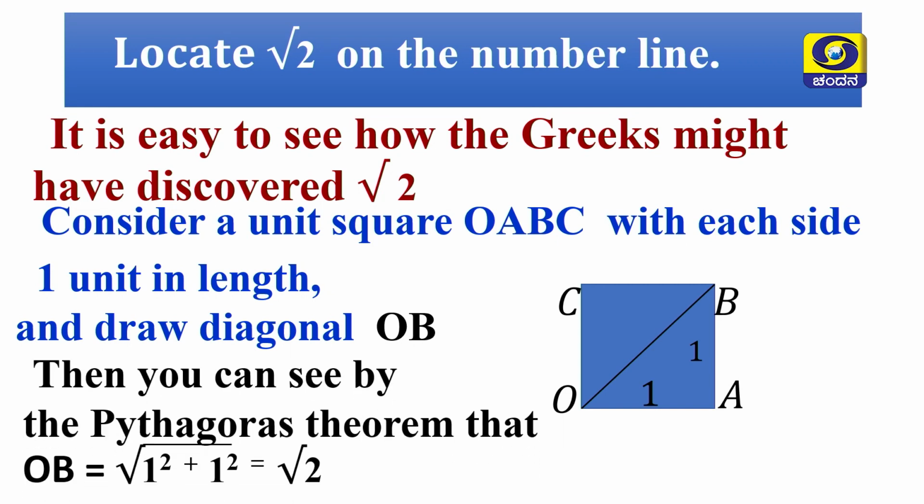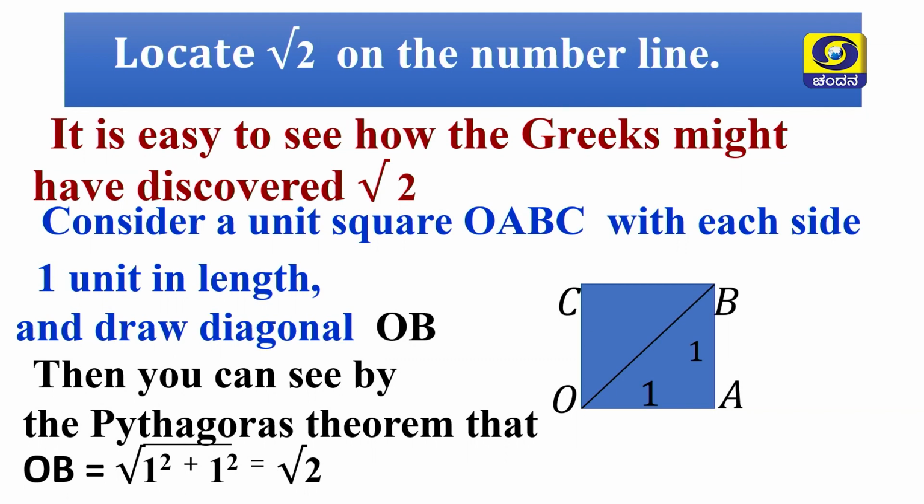Then you can see by the Pythagoras theorem, in a right angle triangle, the square of the hypotenuse is the sum of the squares of the other two sides. See, the square of the hypotenuse is OB square is equal to OA square plus AB square. OA is 1, AB is 1.